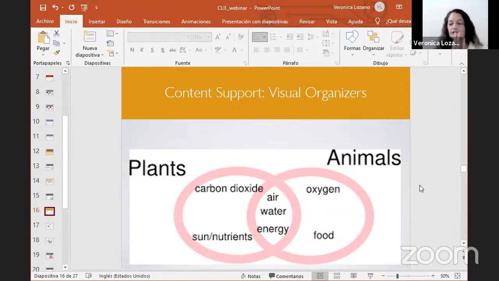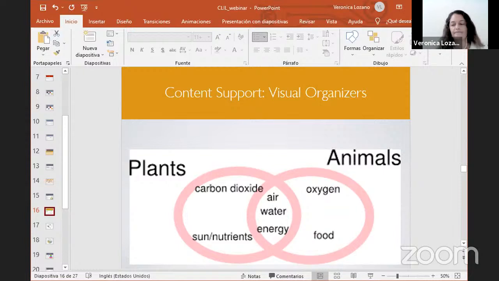So whatever the content you're teaching, it might be too much for your students. It might be too challenging, too demanding, right?